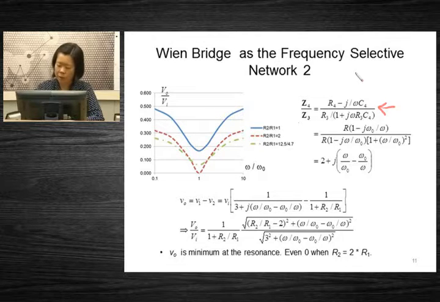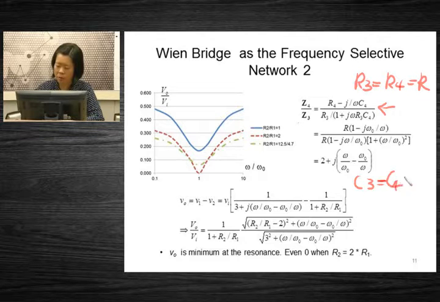Now we know R3 equals R4, so let's denote it as R, and C3 equals C4, so let's denote it as C. Then we have these relationships at the end, which is a very simple equation.